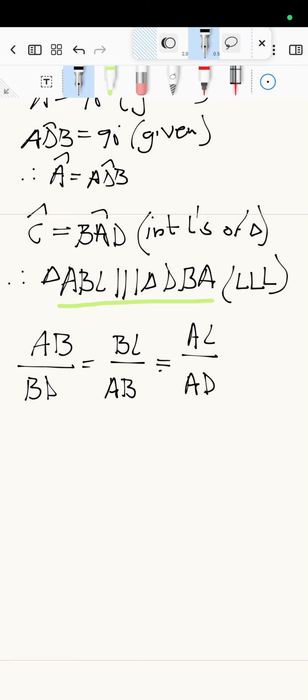The reason we know this is because of our similarity, so since it's right above, I'm not going to write the reason.